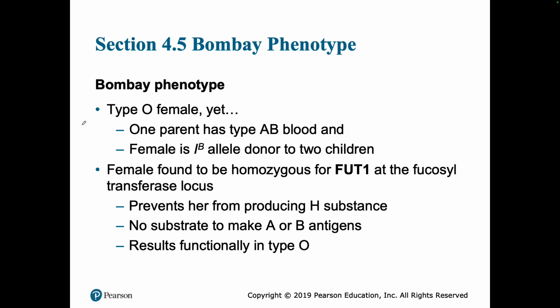So you have the gene that encodes for the antigen, and you have the gene for this sugar transferase that both are responsible for developing the blood type. When this gene is not functional, the person will look type O no matter what their blood type genes say. So you can have multiple genes influencing a single phenotype. And so genetics are a lot more complicated than we would like to think.